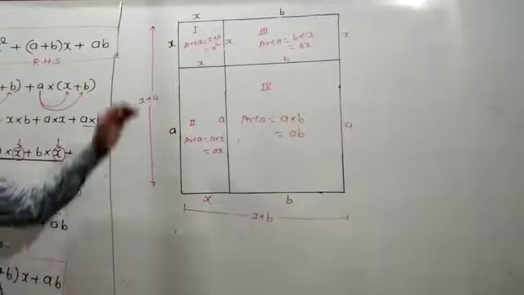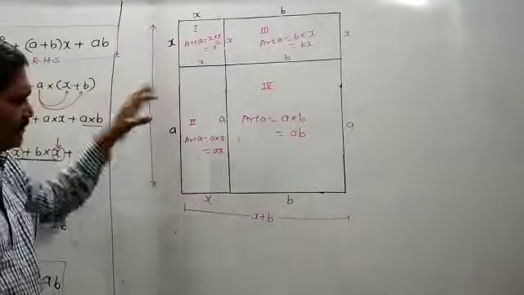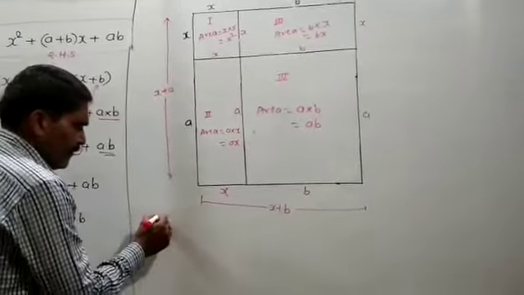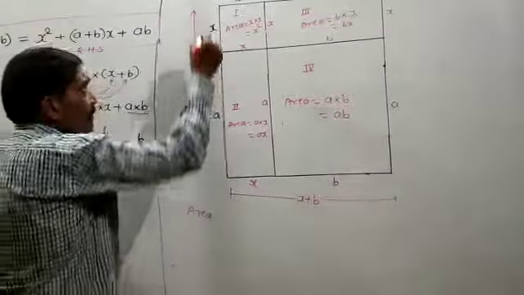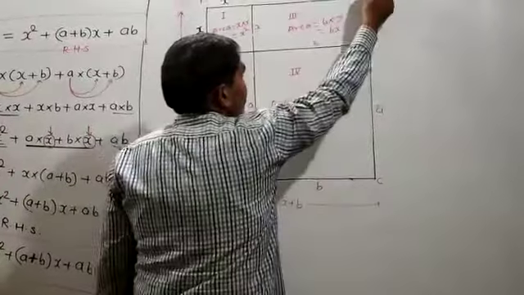And if you want to find out the area of the whole rectangle, because this side is x plus a and this side is x plus b, I will give the name ABCD.